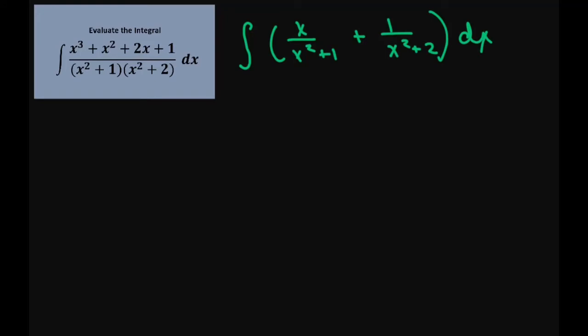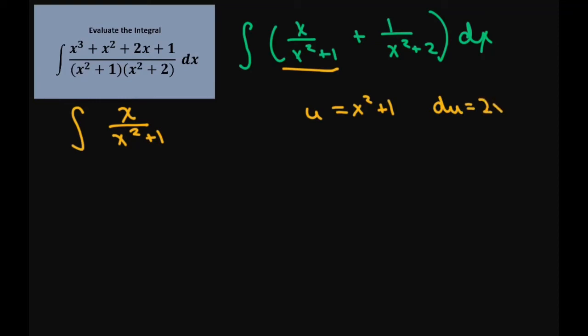All right, for this one, let's split it up. For example, I'm going to write this as the integral of x divided by x squared plus 1. So if we let u equal x squared plus 1, then we have du equals 2x dx. Or you could say x dx equals 1/2 du.